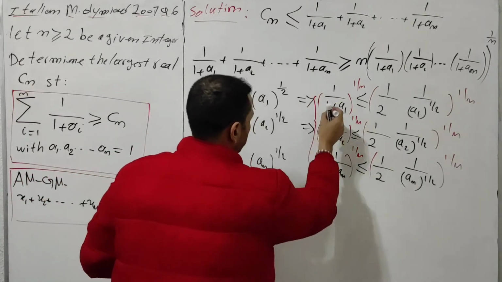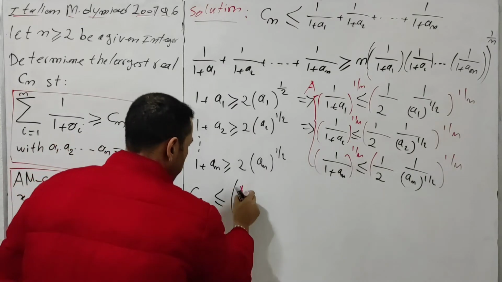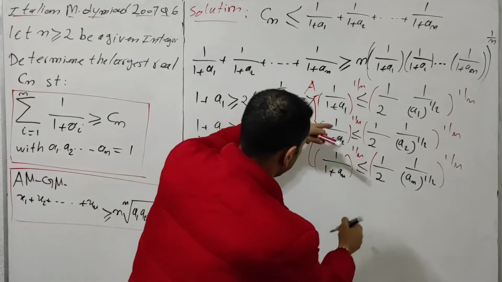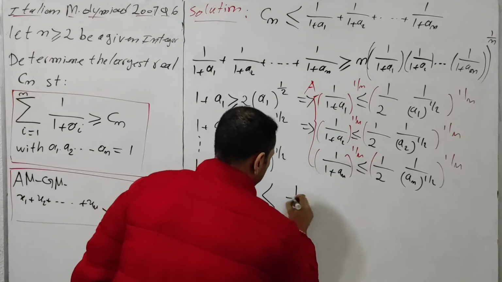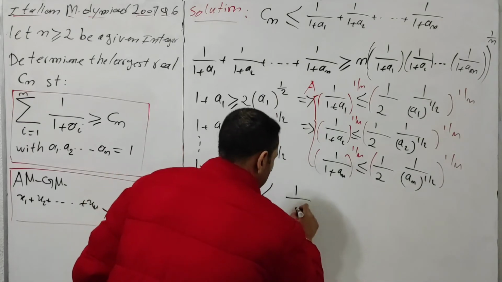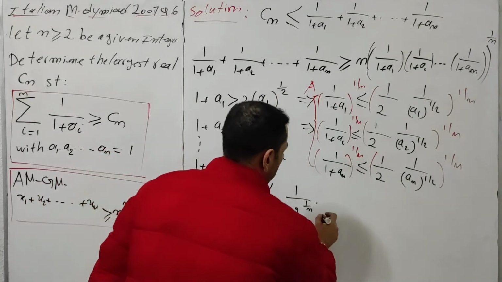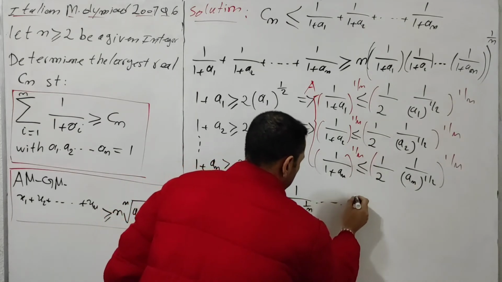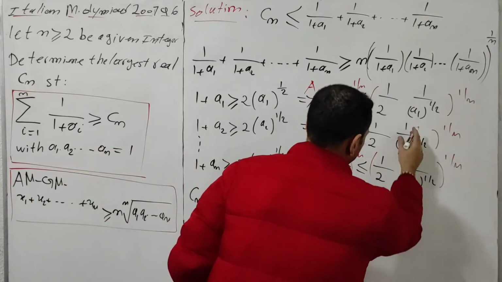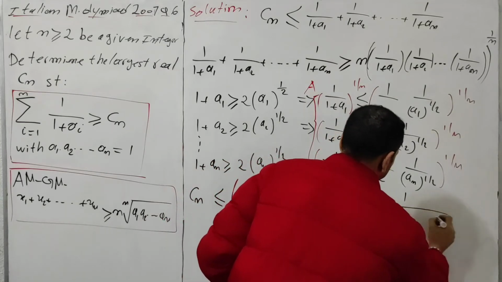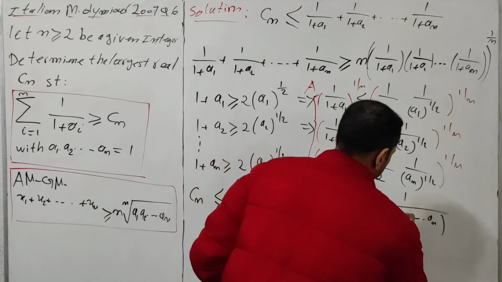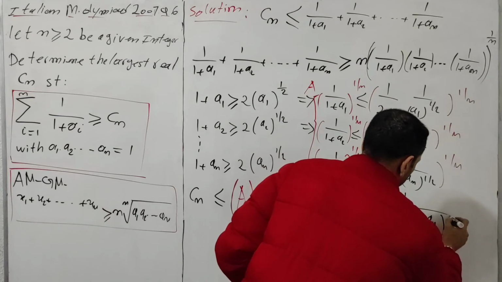Let's call this product capital A. Taking the nth root of the product, I get 1 over 2, and then 1 over the nth root of a sub 1 multiplied by a sub 2 and all the way down to a sub n.